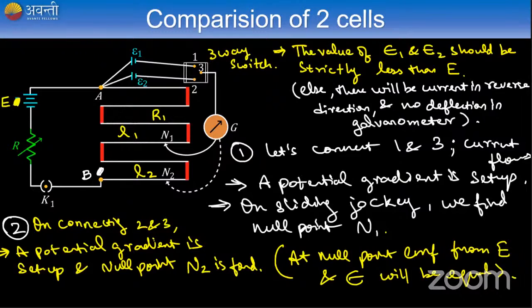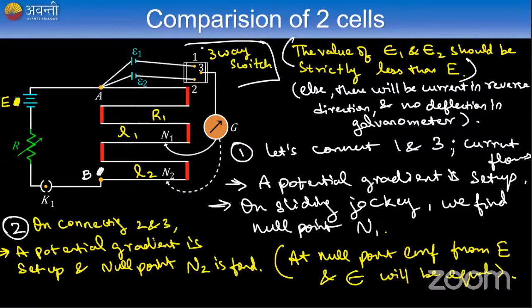Don't get confused, this is a very strict condition: the value of test cells epsilon 1 and epsilon 2 should be strictly less than the value of E. Otherwise, we won't get the deflections.